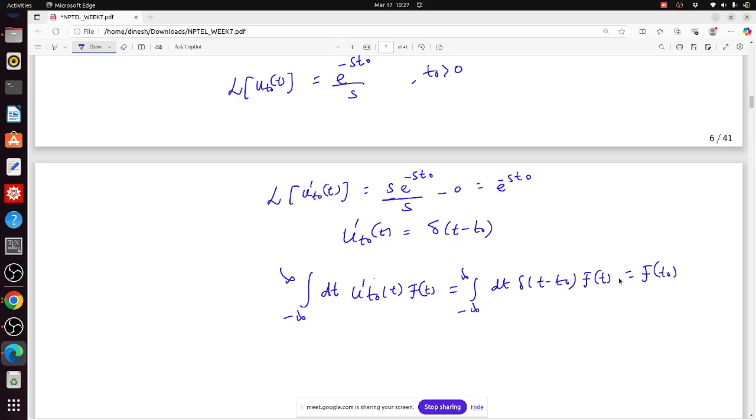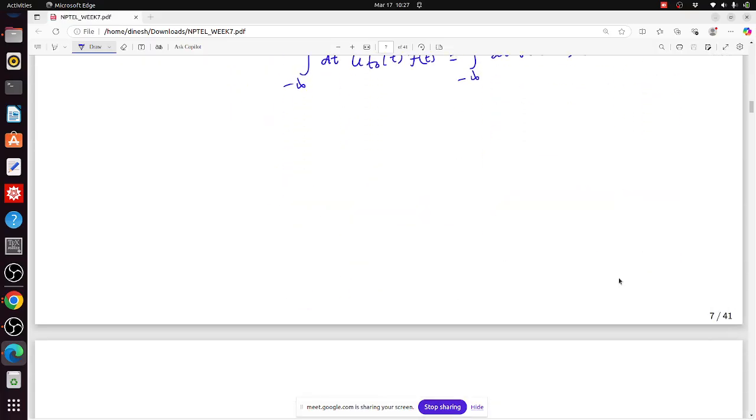Let us look at several more properties of the Dirac delta function. So another property is x delta(x) is equal to 0.